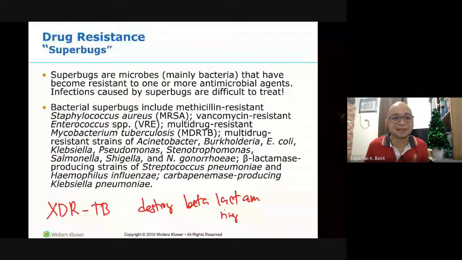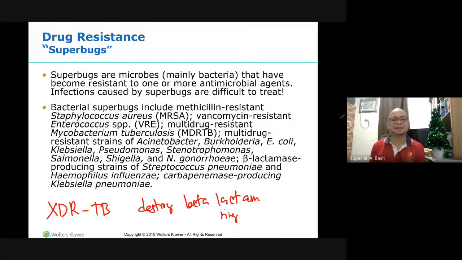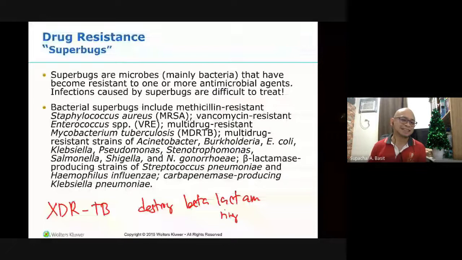So we have beta-lactamase producing strains of Streptococcus pneumoniae and Haemophilus influenzae. And there are also carbapenemase producing Klebsiella pneumoniae. It will destroy carbapenems, a group of antibiotics, making carbapenems useless or resistant.